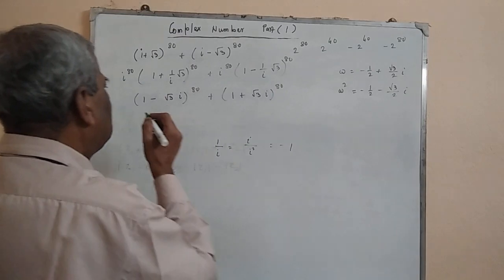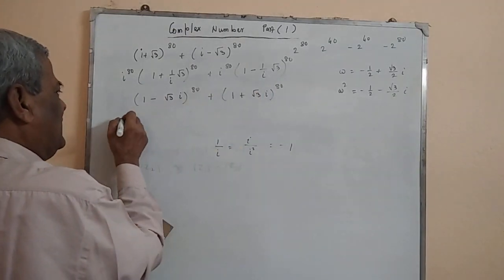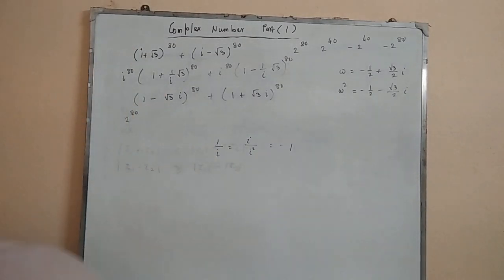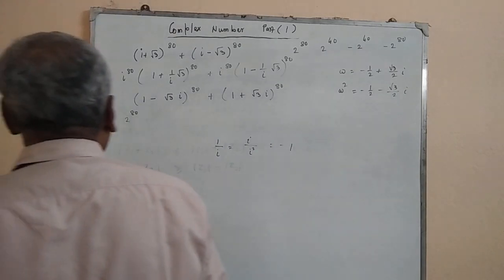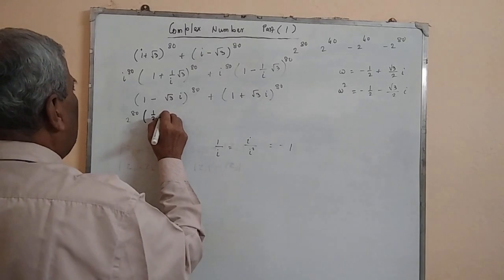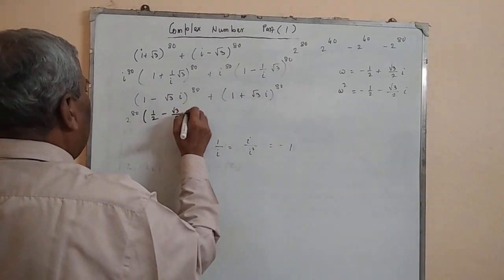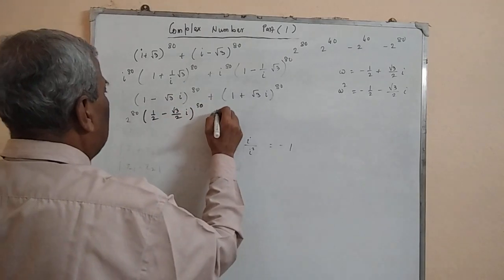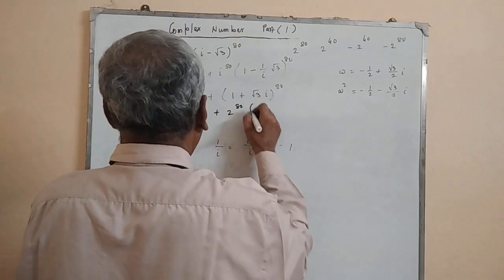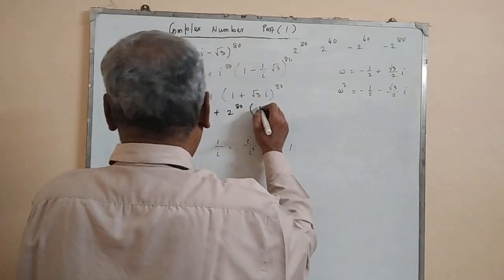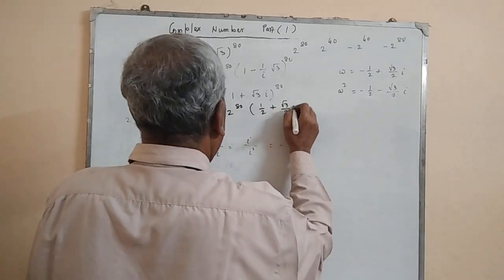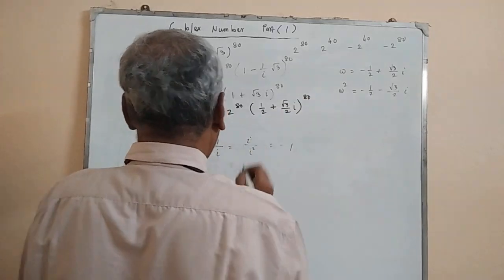Now take 2 common over there. 2 to the power 80 into (half minus root 3 by 2 i) to the power 80 plus 2 to the power 80 into (half plus root 3 by 2 i) to the power 80.